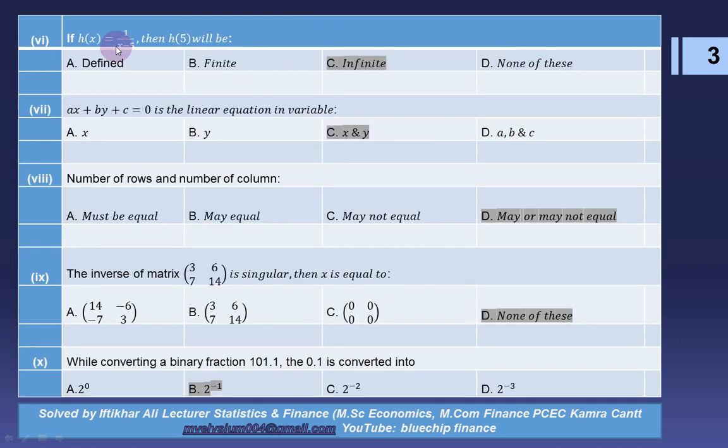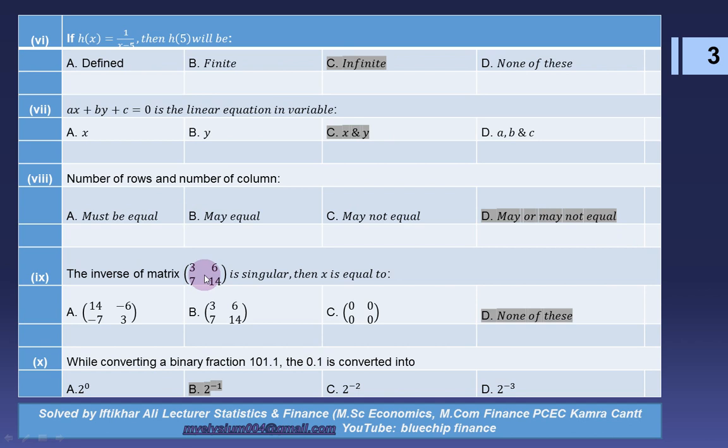Objective 6, if function of x equals 1 over x minus 5, then h of 5 will be infinite. Function: ax plus by plus c equals 0 is the linear equation in the variables x and y. Number of rows and number of columns may or may not be equal.